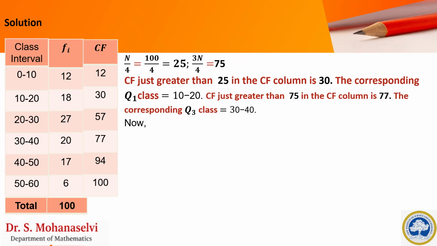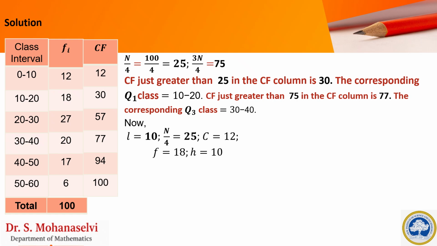Similarly, for finding the Q3 class, the value just greater than 75 in the cumulative frequency column will be 77, and the corresponding class 30 to 40 is called the Q3 class. Now we'll find first of all the Q1.